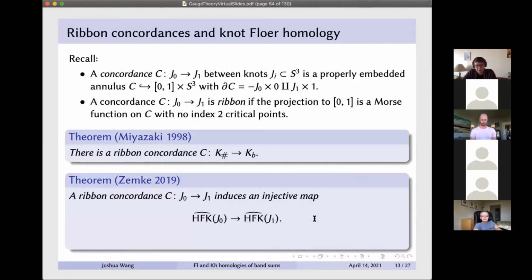In fact, it's an inclusion onto a direct summand, so you obtain a direct summand splitting. If you've got a ribbon concordance from J0 to J1, you can write the knot Floer homology of J1 as a direct sum of the knot Floer homology of J0 plus some bigraded vector space that you a priori don't know anything about.